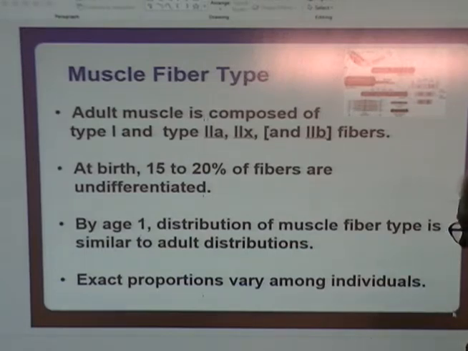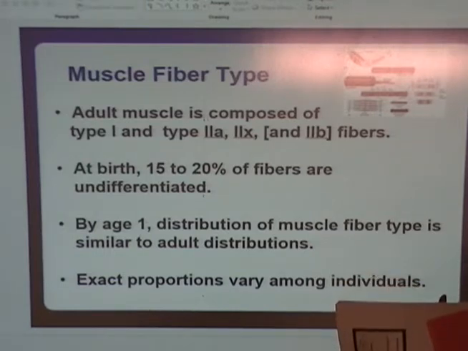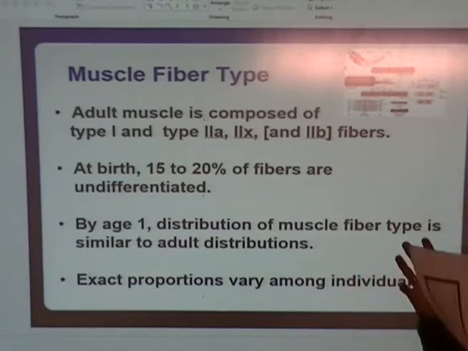Okay? So what's interesting about this split between the type 1 and the type 2s is that when we're born, somewhere between 80 and 85% of our muscle fibers are already type 1 or type 2.